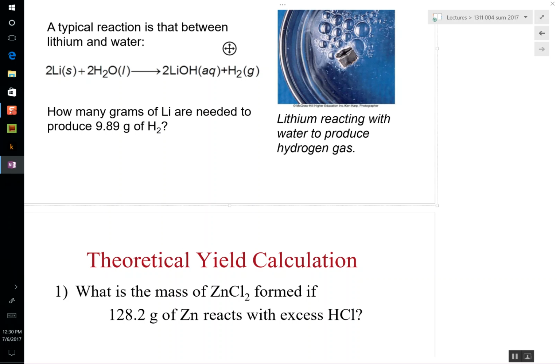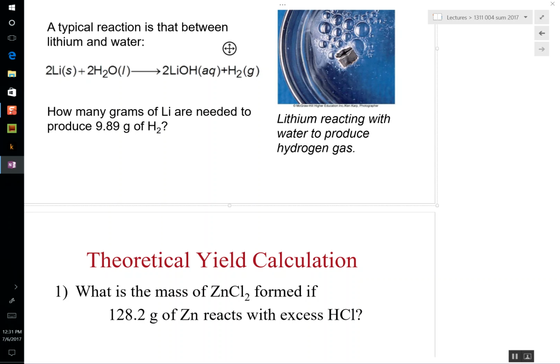A lot of these things have been on how to write this equation, how to identify a particular type of reaction, but now we're going to get into the nitty-gritty of mass relationships, mass calculations based on a chemical equation.